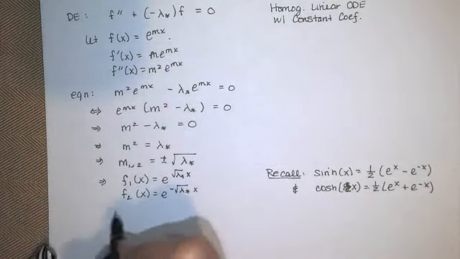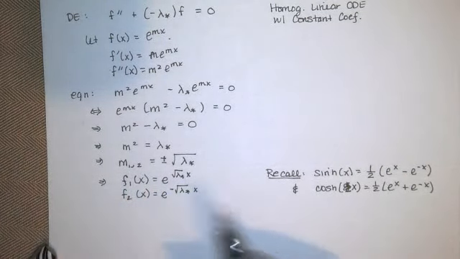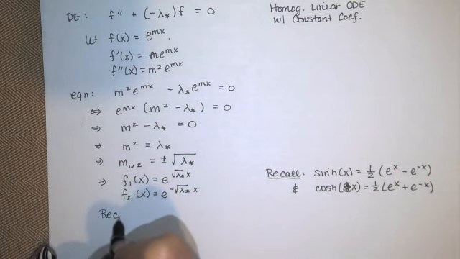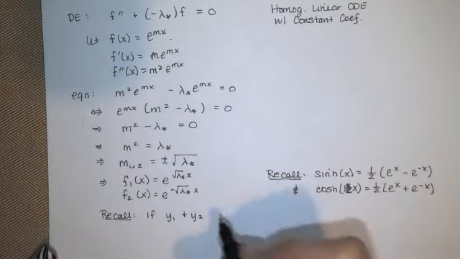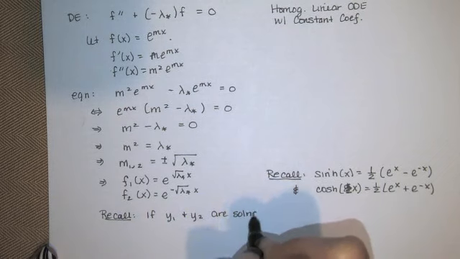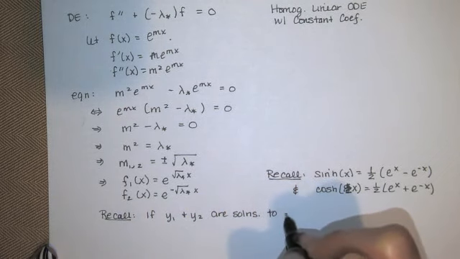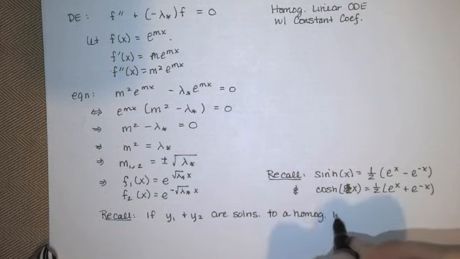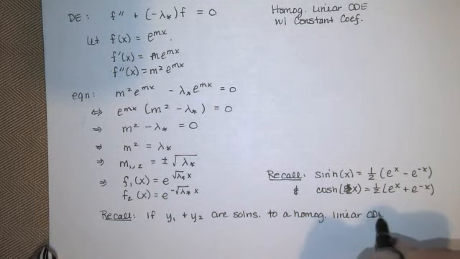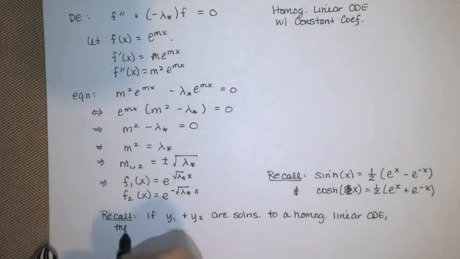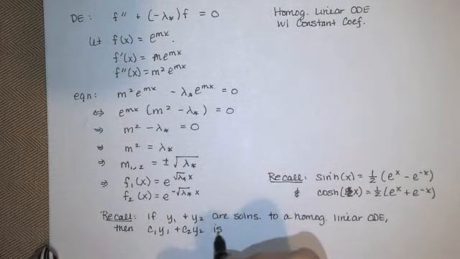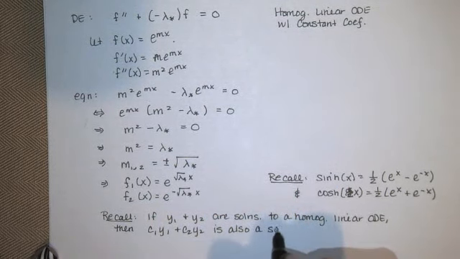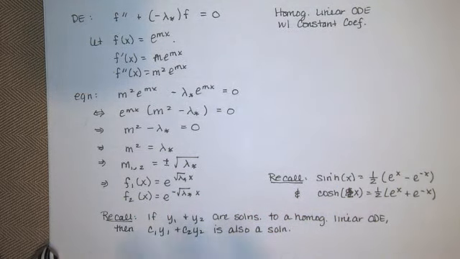Remember also from the ODE class that if you have two functions, y1 and y2, and those are solutions to a homogeneous differential equation, and it has to be a homogeneous linear ordinary differential equation, remember that we were guaranteed that a constant times the first function plus a constant times the second function is also a solution. We studied that back in the ordinary differential equations class.